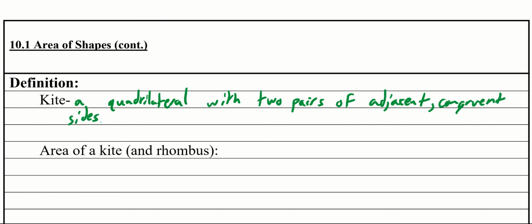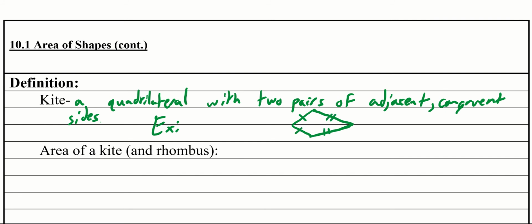For example, what this could look like is, let's say we have a quadrilateral, so 4 sides. Let's say these 2 sides are congruent, and then we'll say these 2 sides are congruent as well. One here, and then 2 and 2. So this would be an example of a kite.